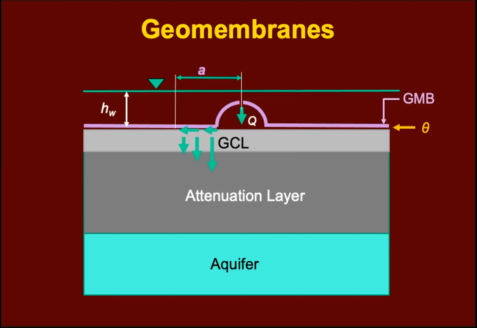The extent of this wetted distance, denoted by A in this figure, depends on the interface transmissivity that we spoke about earlier and the hydraulic conductivity of the GCL.